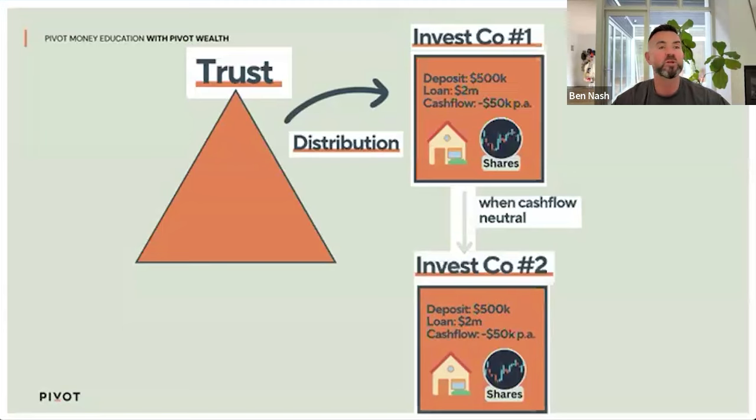In this example, I've used building a share portfolio and building up the income on that. Then you've got a pod which is cash flow neutral, but you're getting a bunch of growth on it every single year, and then you can reset your strategy and continue from there. Now, I'm not saying that you need tons and tons of debt or that you should be reckless with this stuff. Risk management is super important, but it is a pretty powerful way to use the bank's money to grow your money even faster.